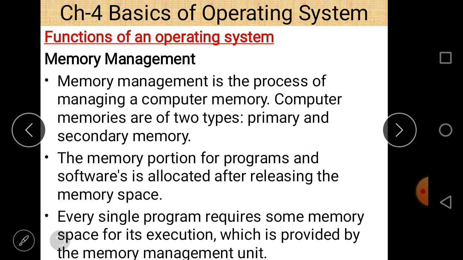The memory portion for programs and software is allocated after releasing the memory space, and every single program requires some memory space for its execution, which is provided by the memory management unit. So memory management is basically managed by our operating system, and all the tasks related to memory management are also done by an operating system.